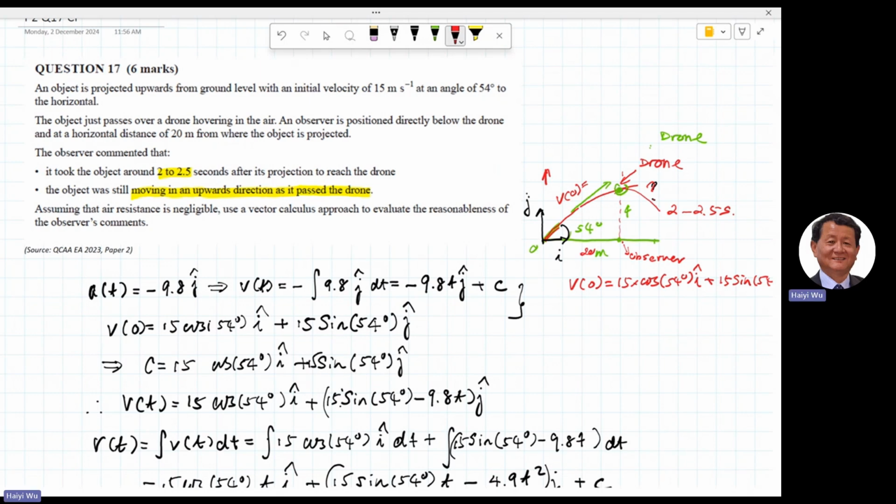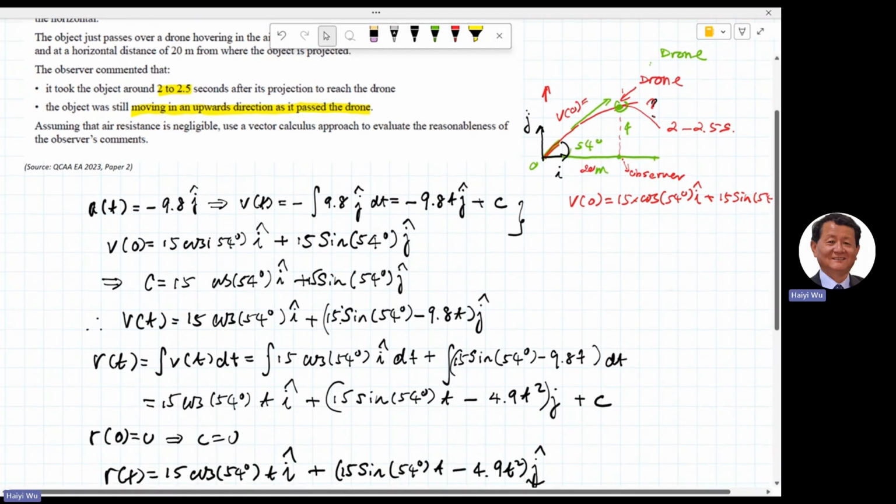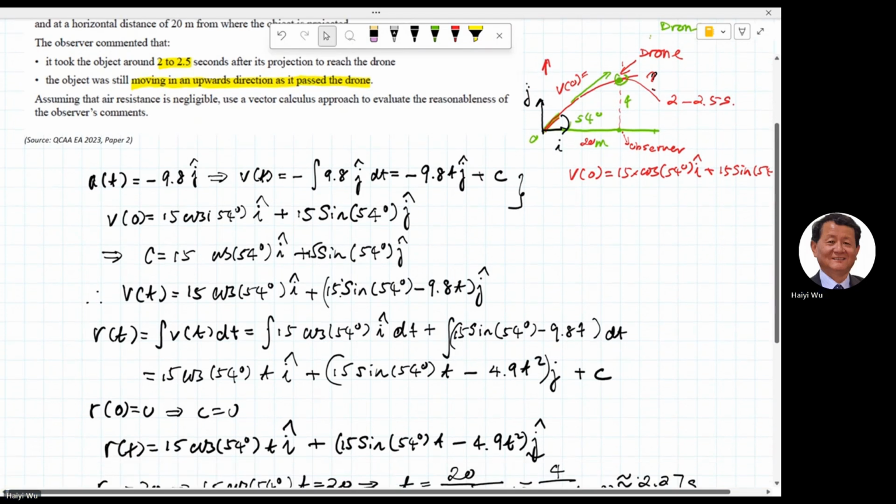So we need to verify those two claims, whether they're reasonable or not. There's a possibility both are incorrect, or one is correct and the other is not.